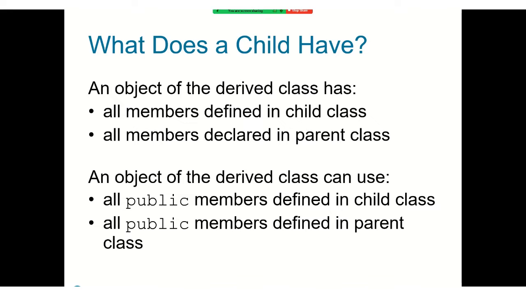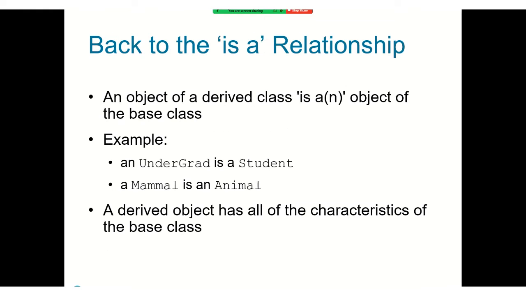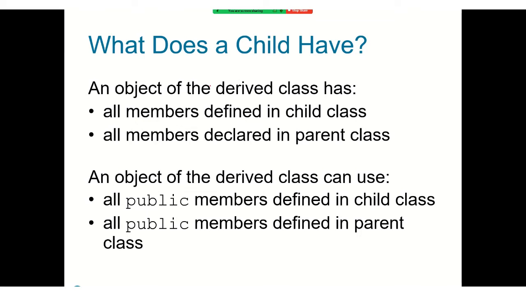For example, if you instantiate an undergrad object, then the object which results from that instantiation will contain all public members of the child class as well as all public members of the parent class.